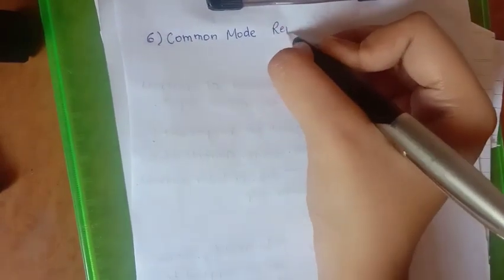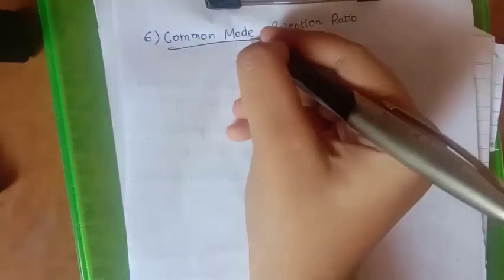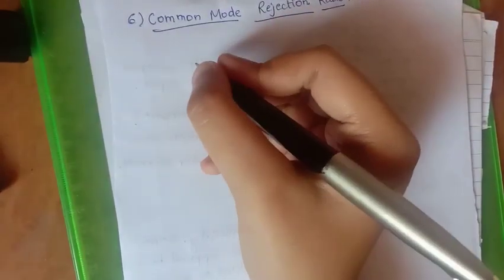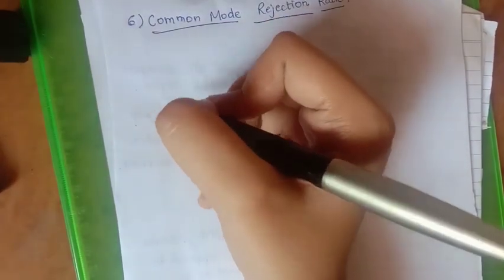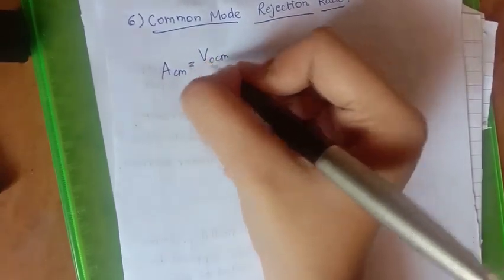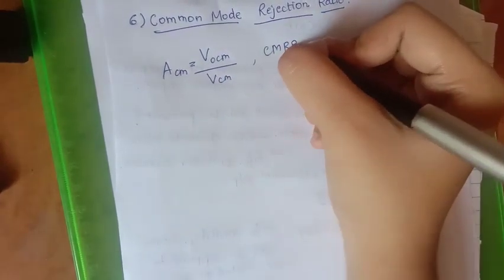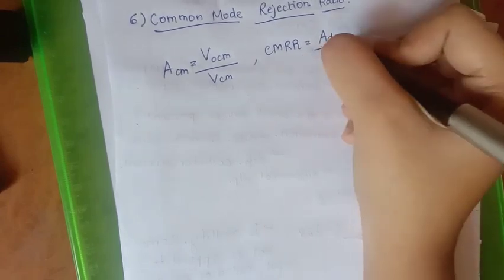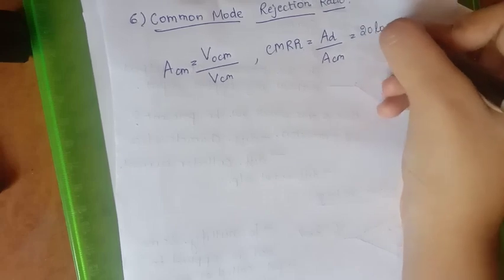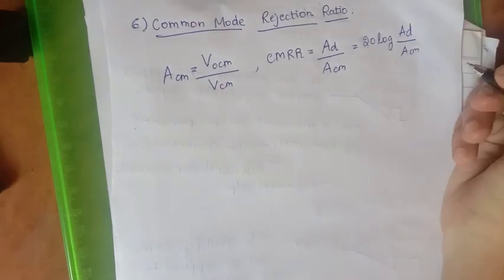Next, we are going to see the common mode rejection ratio. We have already seen the common mode voltage gain, that is the ratio between the common mode output and the common mode input. The CMRR, the common mode rejection ratio, is nothing but the ratio of the differential gain AD to the common mode gain ACM, which is represented as 20 log AD by ACM.